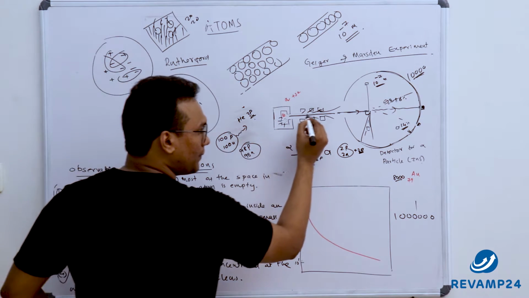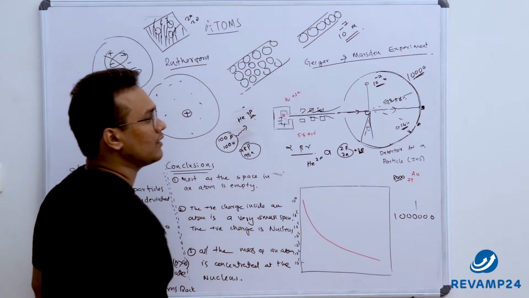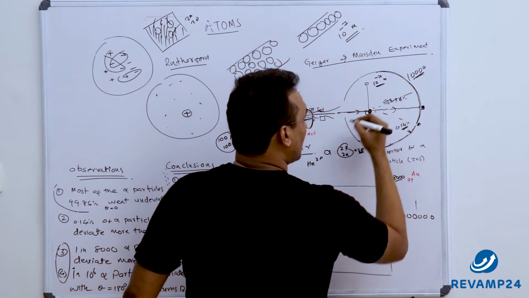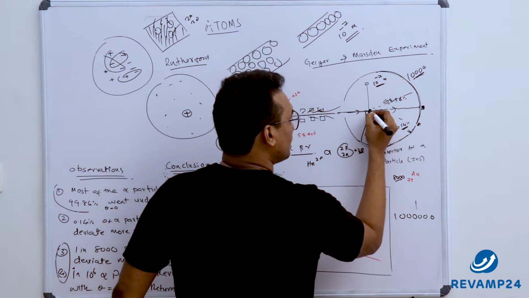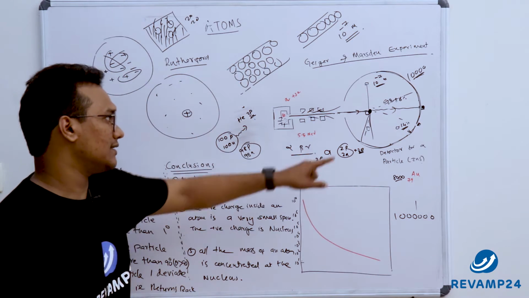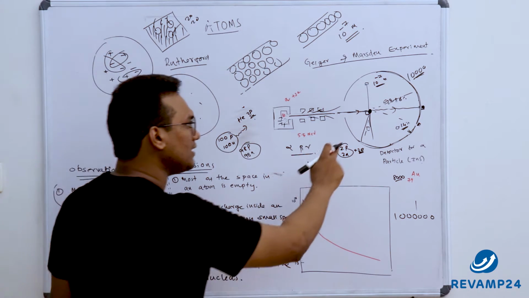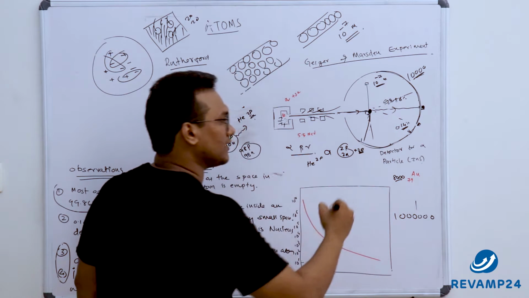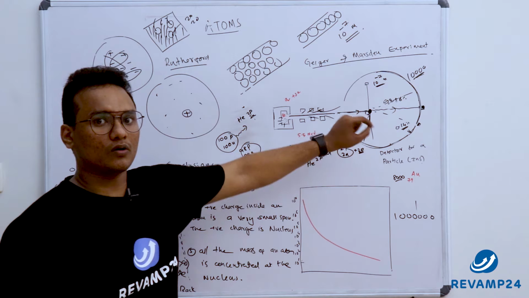Now if the alpha particle is coming back, one reason is that it has collided with a heavier mass. That's the reason it has returned back. Now why have some of the alpha particles deviated by an angle of more than 90 degrees? That is not only collision.